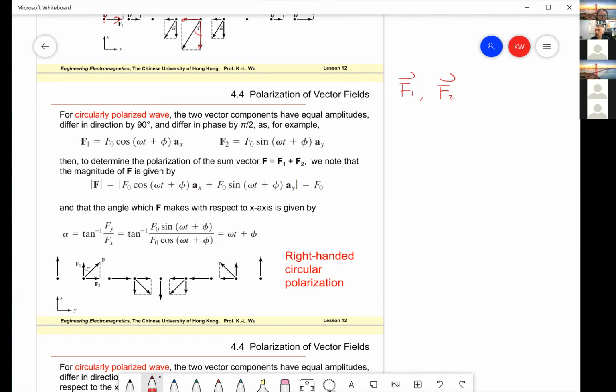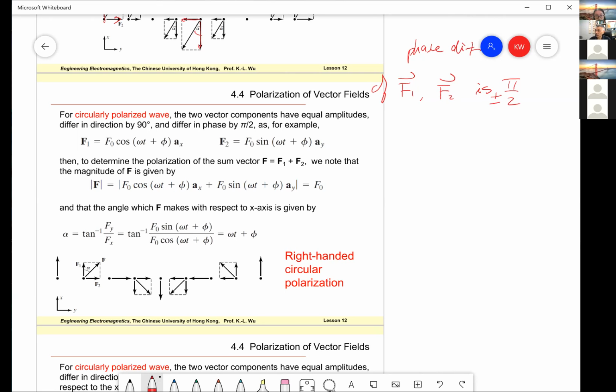This is important. The phase difference is pi over 2, either plus or minus, it doesn't matter.